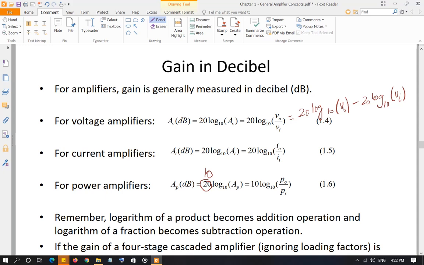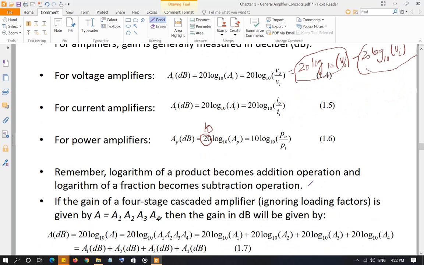The division V out over V input can be written as the subtraction between the decibel value of the output voltage, 20 log of V out, minus the decibel value of the input voltage. The same you can do for the current amplifier and power amplifier. Anytime you take the logarithm of a multiplication, you can change it into an addition, and likewise division into subtraction.